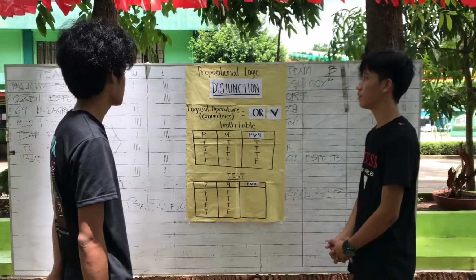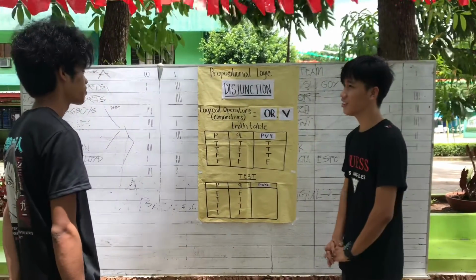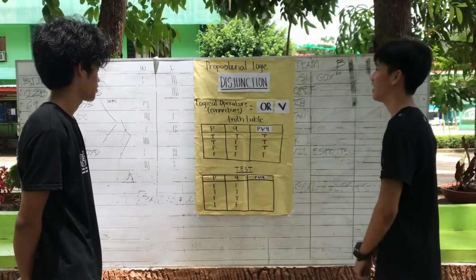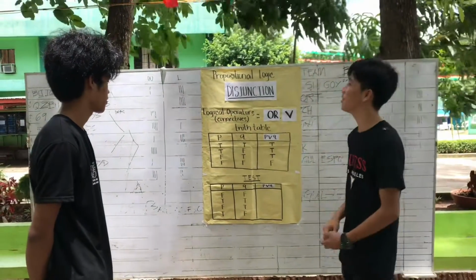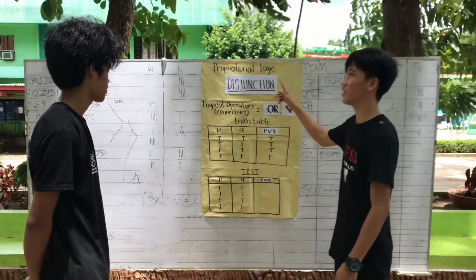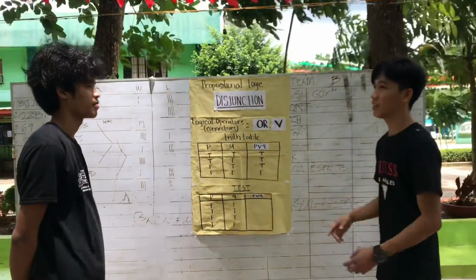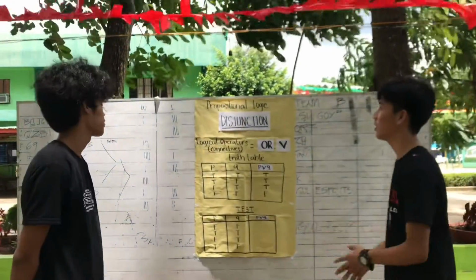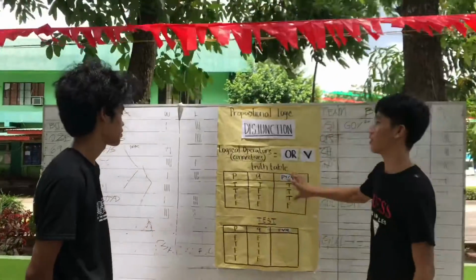Disjunction. What is disjunction? You don't know disjunction? Let's discuss what disjunction is. In propositional logic, the difference between disjunction and conjunction is that it is the reverse of how conjunction works. We can see the difference in the truth table later.